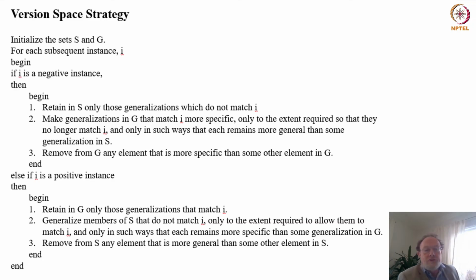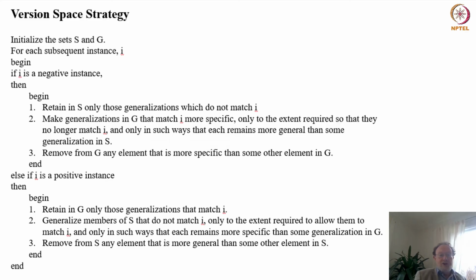If we look at the first part of each block, what we need to secure when we see a negative instance is that we have to retain in S only those generalizations which do not match E, because we cannot allow for any hypothesis that matches a negative instance.